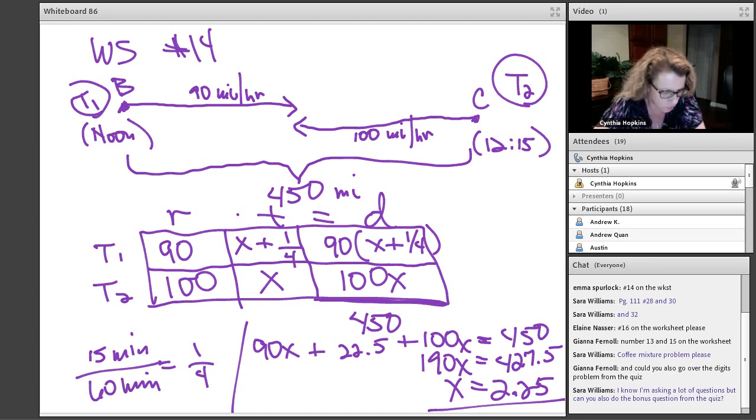Now their question was, and you always want to do this, go back and read what the actual question was that they're asking. It doesn't say how long will it take. It says at what time will they pass each other.